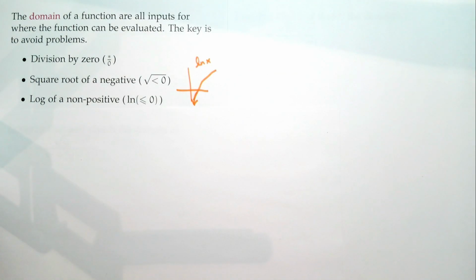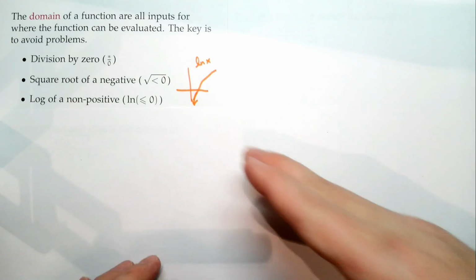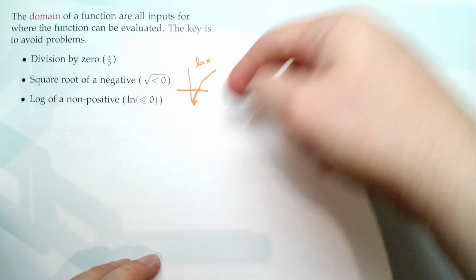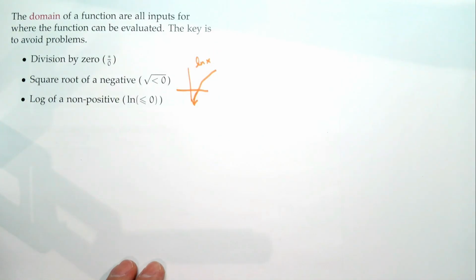So you cannot take log of 0. You might say, well, can I think of it as negative infinity? You shouldn't, but some people might. But the important thing is that it's sort of blowing down. I don't want to say blowing up because it's not going to positive infinity. It's going down.